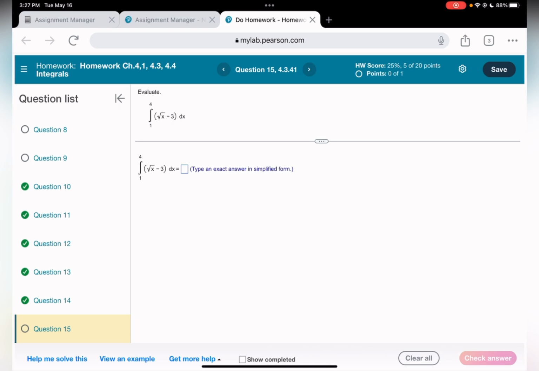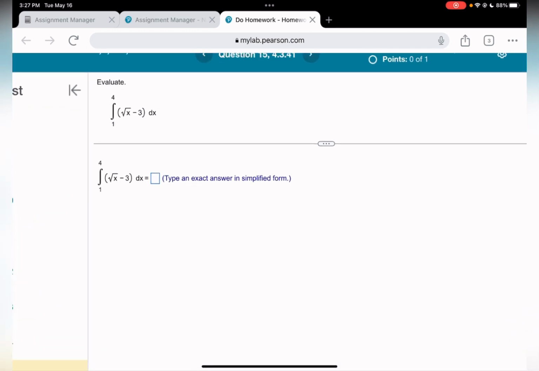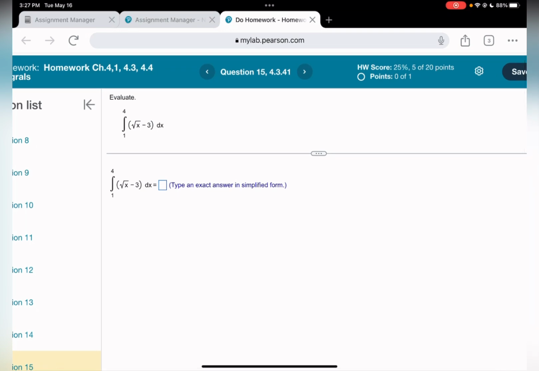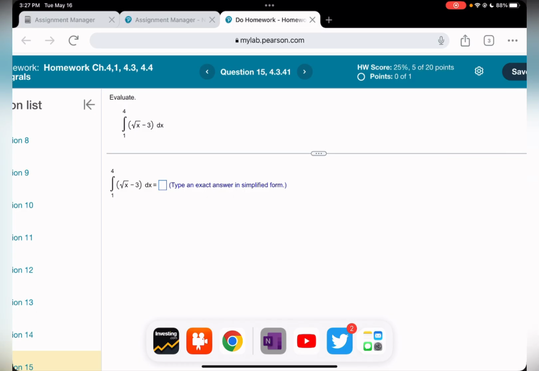All right, what we are going to do here, we are going to deal with a square root. Okay, how are we going to deal with a square root? So we go from 1 to 4 again, square root of x minus 3. All right.